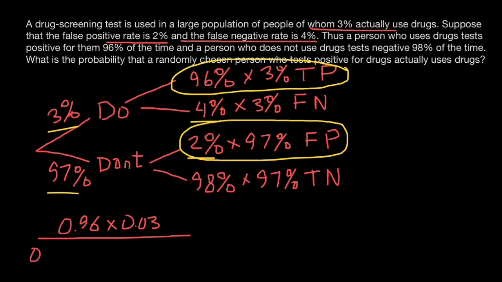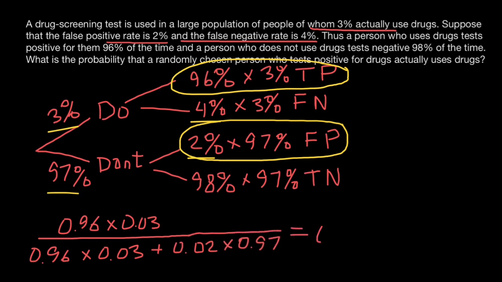Again, this is going to be those who are truly positive, so 0.96 times 0.03, plus falsely positive, which is this category, 0.02 times 0.97. And our answer is going to be 0.77. Or if we need an answer in percent form, we have to multiply by 100. And our answer is going to be 77%.